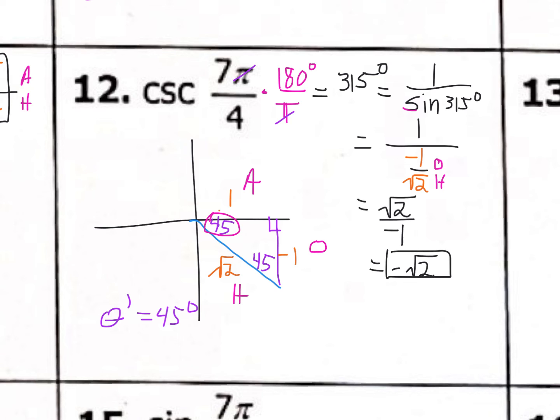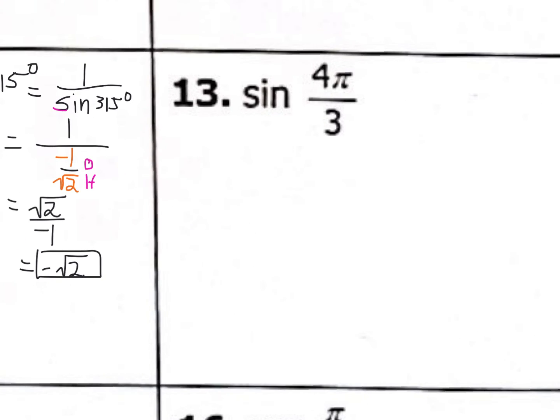So the cosecant of 315 degrees, which is also 7 pi over 4, is the same as negative square root of 2. All right, number 13.